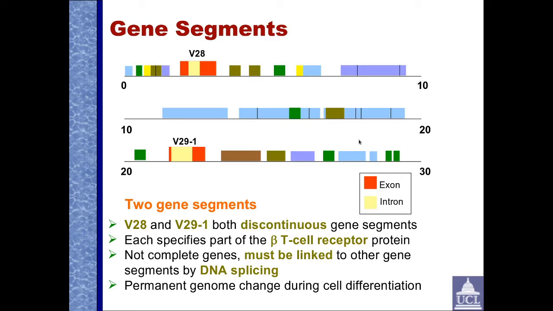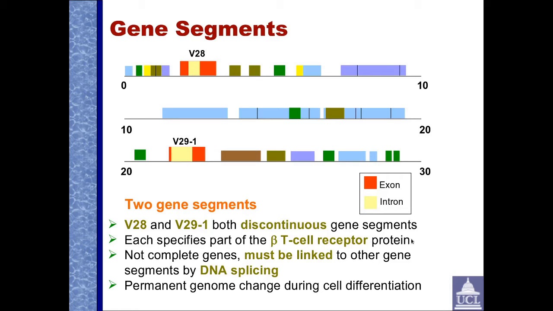To add to the complexity further, in some cases, and this is largely just limited to the antibodies and the T-cell receptors, we have discontinuous gene segments. So V28 and V29-1 are segments encoding part of the variable domains of the beta T-cell receptor protein.